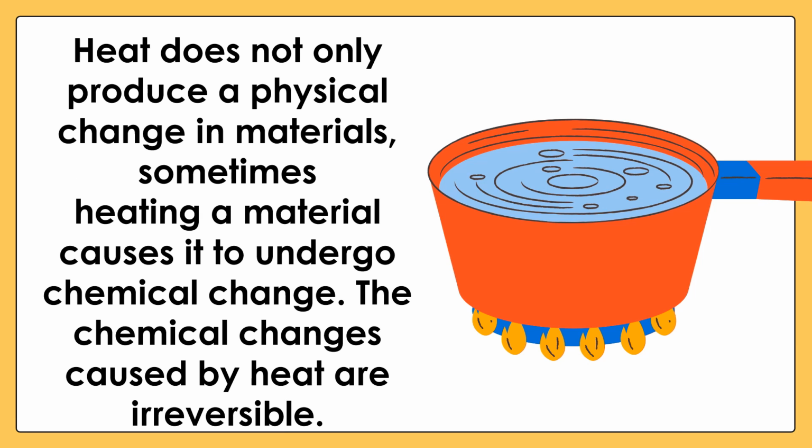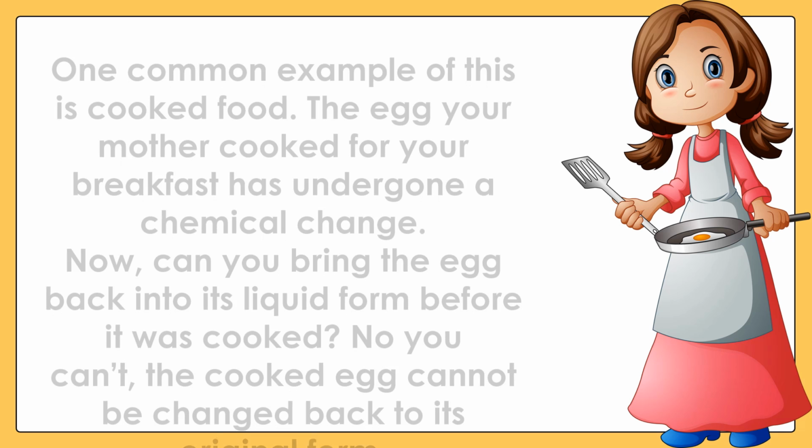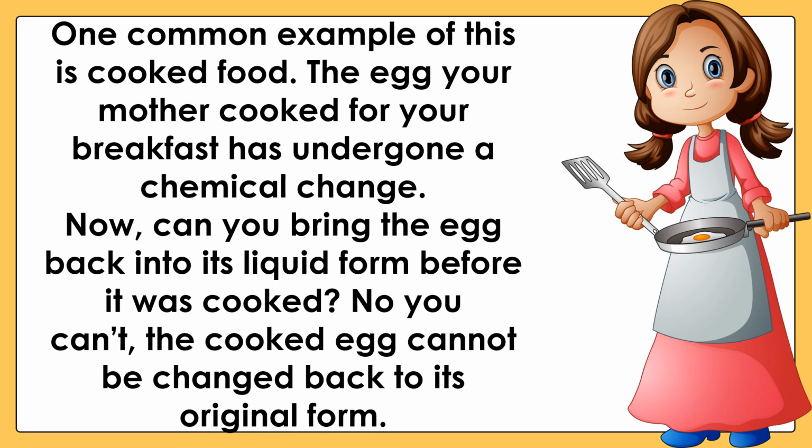Heat does not only produce a physical change in materials. Sometimes, heating a material causes it to undergo chemical change. The chemical changes caused by heat are irreversible. One common example of this is cooked food.